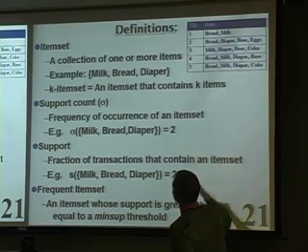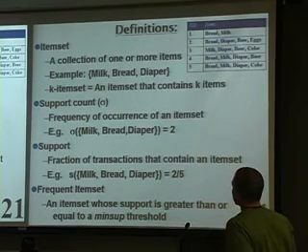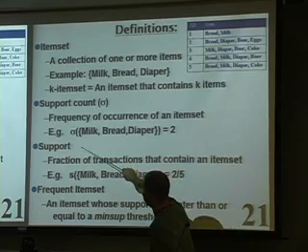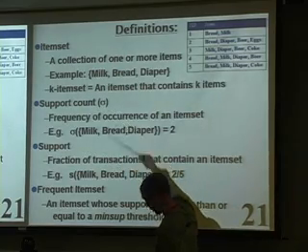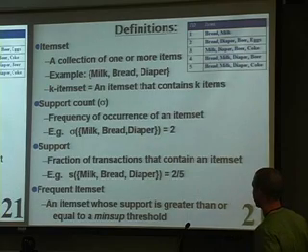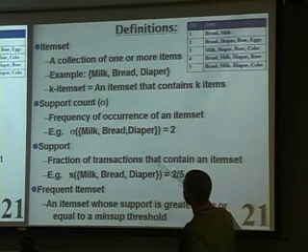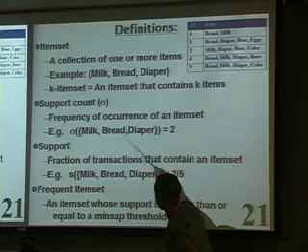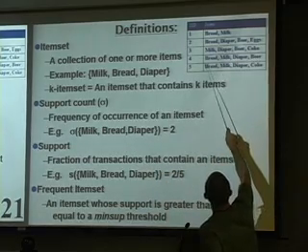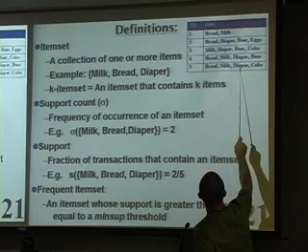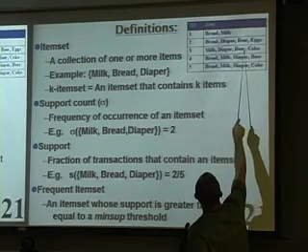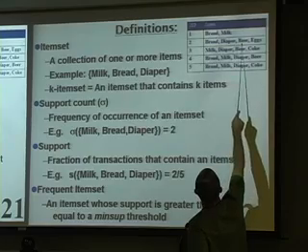Okay, support count, which is different from support. Usually we'll just say what is the support, but they start with support count, which is the frequency of occurrence. For example, the support count for the item set milk, bread, diaper is 2, because if you look in this data, you see milk, bread, diaper once, milk, bread, diaper twice, and then there's no bread here, there's no milk here, and there's no diapers here.